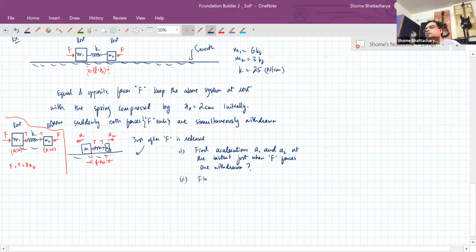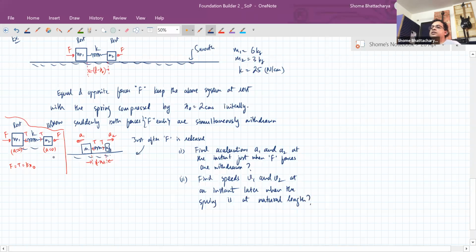We have to find the speeds of the block, speeds v1 and v2, at an instant later, when the spring is at natural length or it's relaxed.